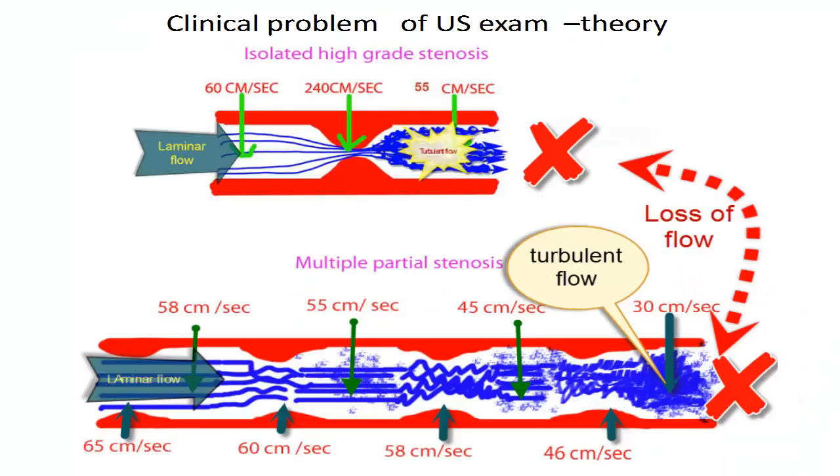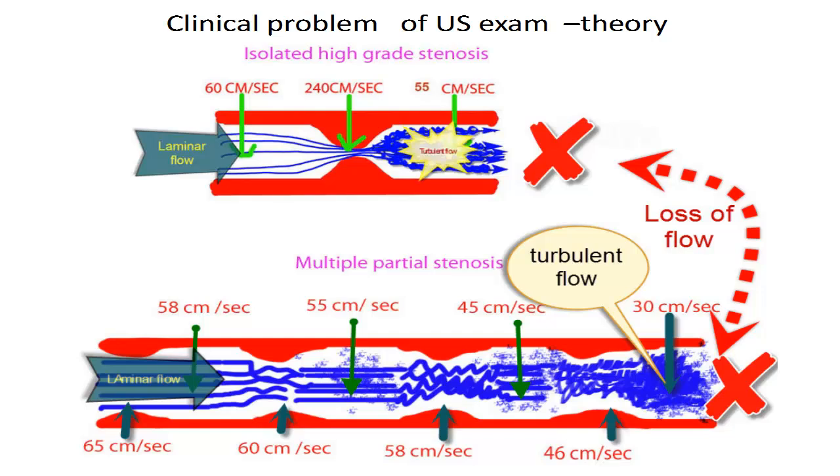In the previous slide we tried to show the importance of measuring flow velocity for grading the severity of stenosis. This principle is simple. The higher the grade of stenosis, the higher the velocity.